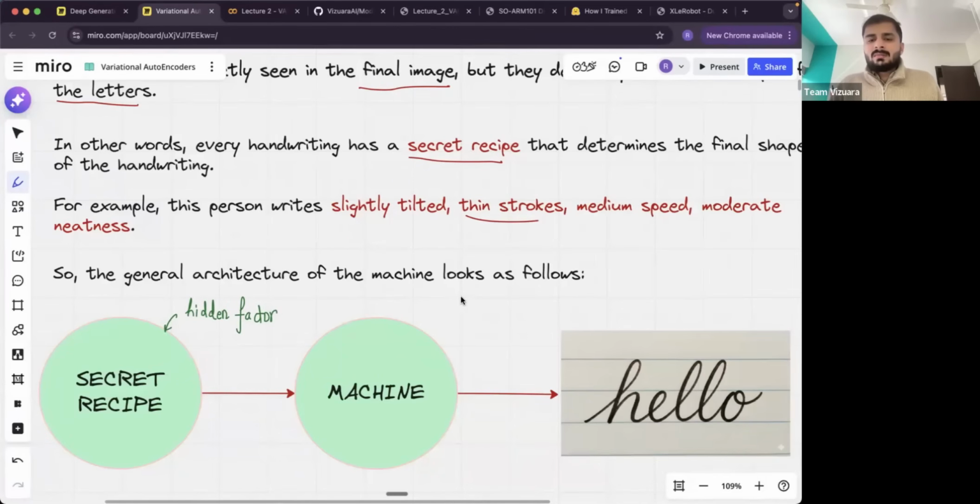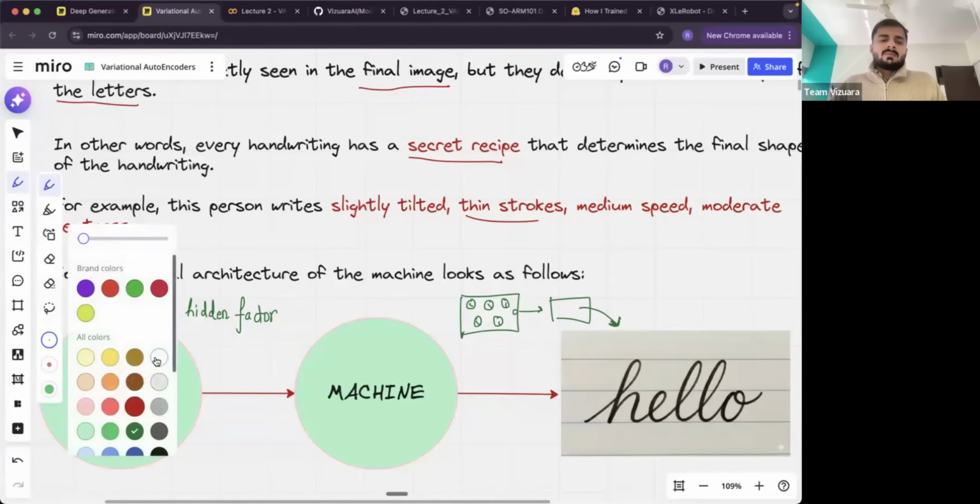Imagine the machine has, let's say, 5 knobs: knob 1, knob 2, knob 3, knob 4, and knob 5. And we can basically control all these knobs. Once you control them and press a button, which is like a print, you get the handwriting, which is this handwriting.